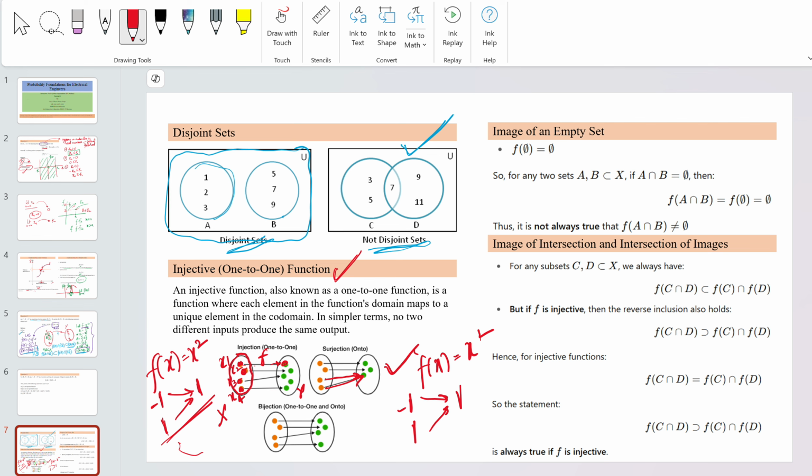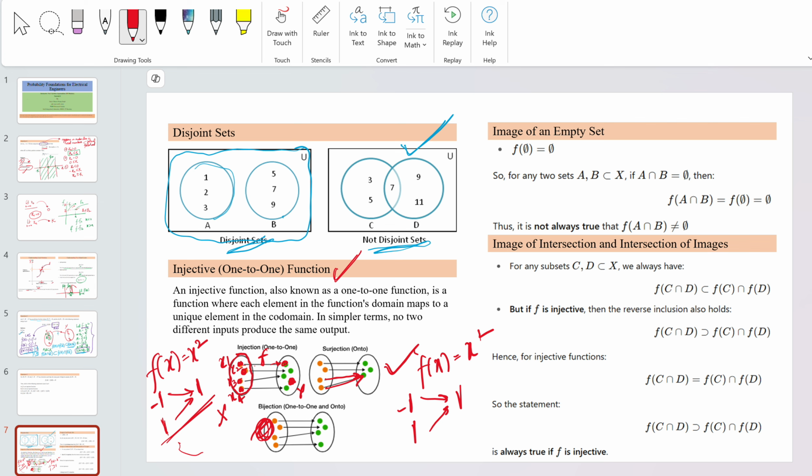There is one more function, the bijective function, that is one to one and onto both. It means that a single element has a single output, and the number of elements equals the number of outputs. It means that no element should be empty here. But in the injective function, that is the one to one function, it may be possible that there is an output in y which does not have a pre-image in x.